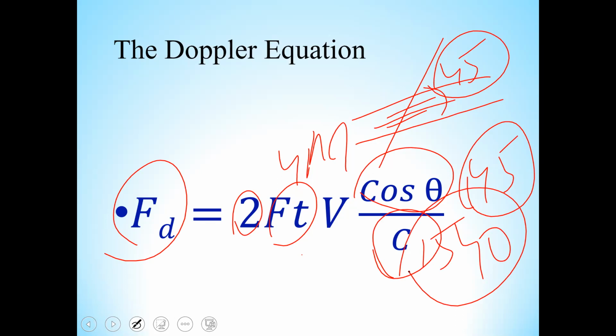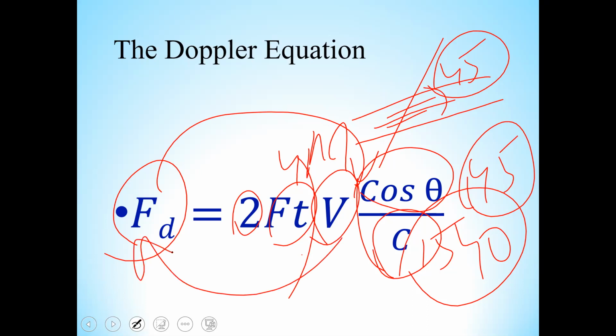So all the variables are constant over here, except v, the velocity of the moving reflector. So you can say that the Doppler shift is directly dependent upon the velocity of the moving reflector, or you can say the blood. If the velocity of the blood is higher, then the Doppler shift will also be greater.